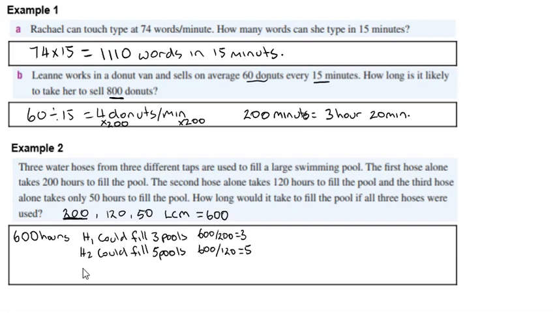And finally, hose 3 could fill, we have 600 divided by 50, which is 12. So in the same time as hose 1 could fill 3, hose 2 could fill 5, hose 3 could fill 12 pools.